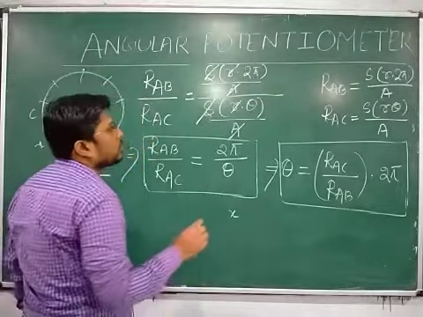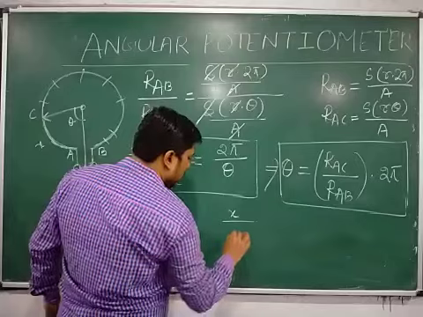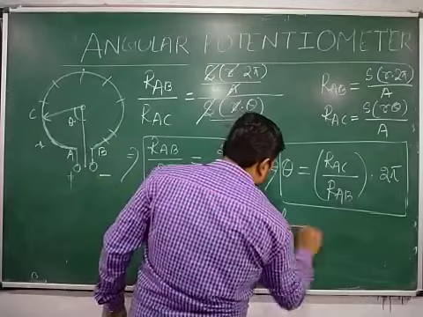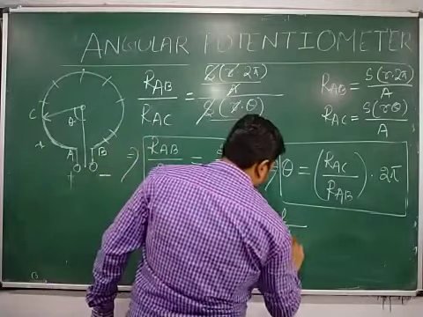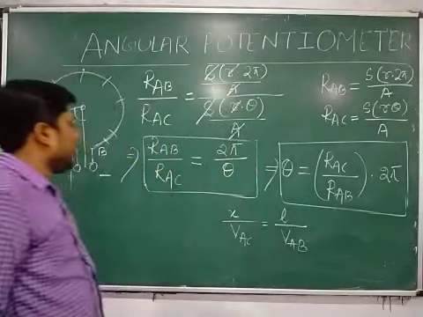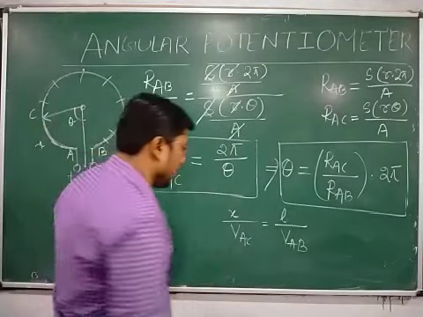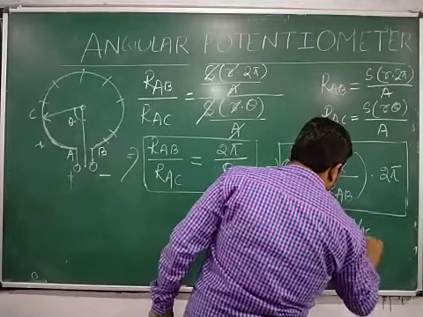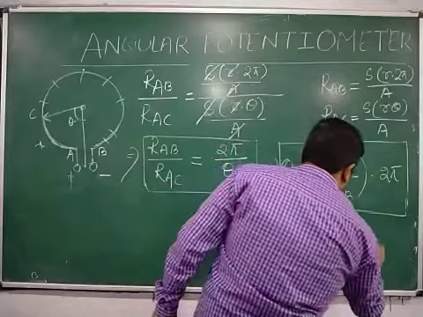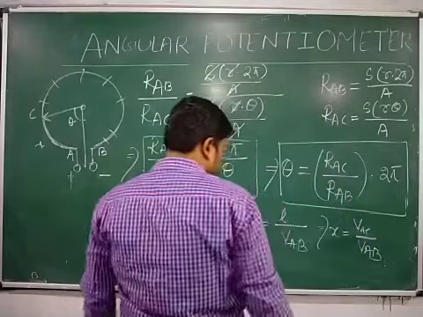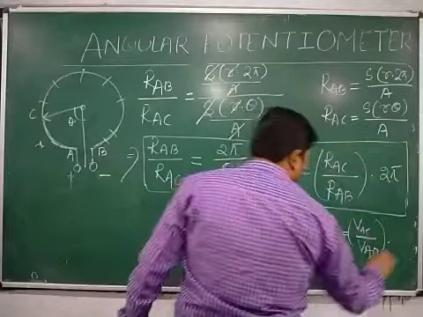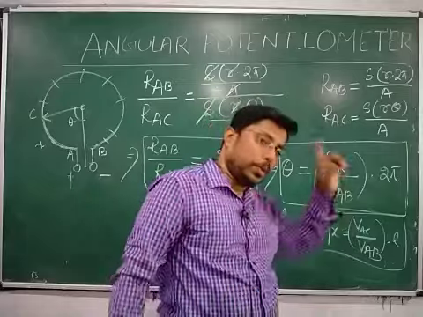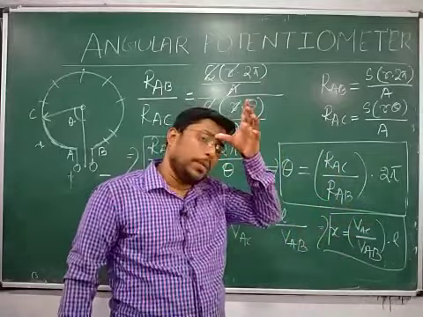X divided by L is equal to VAC divided by VAB, this is what it was. So what did X become? X was VAC divided by VAB into L. So this is the equation for the linear potentiometer and that is the equation for the angular potentiometer.